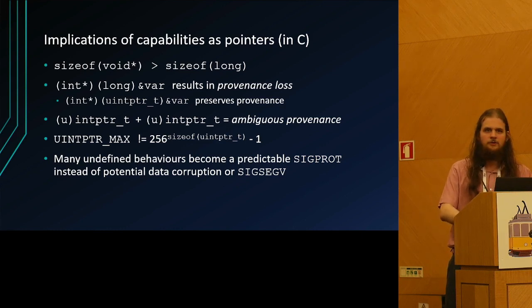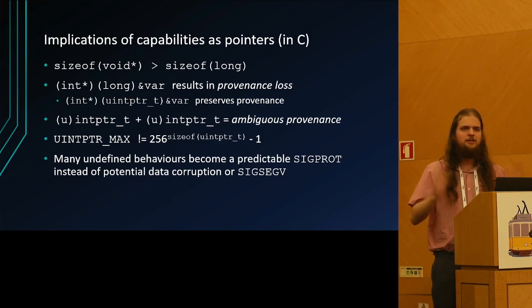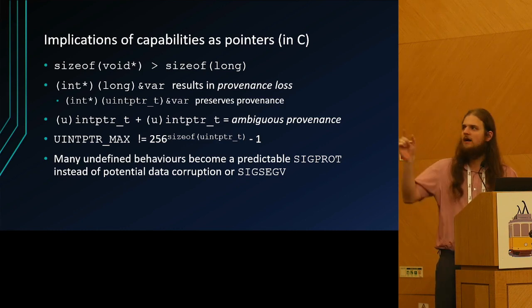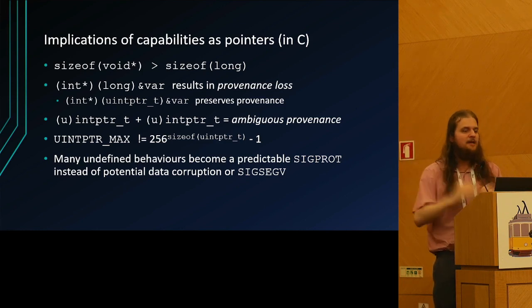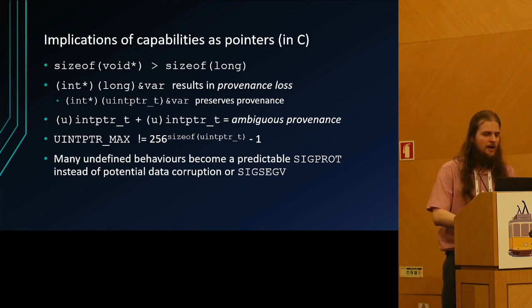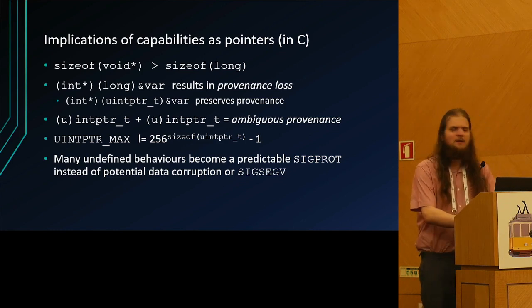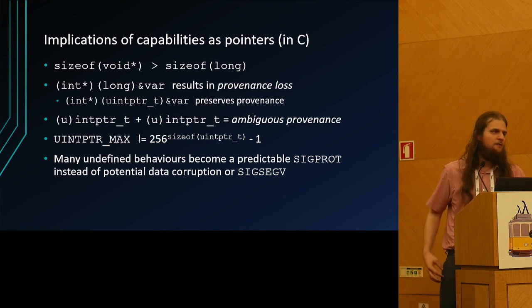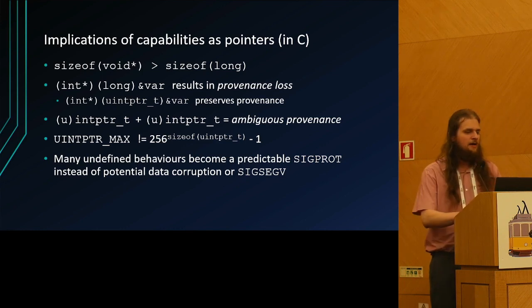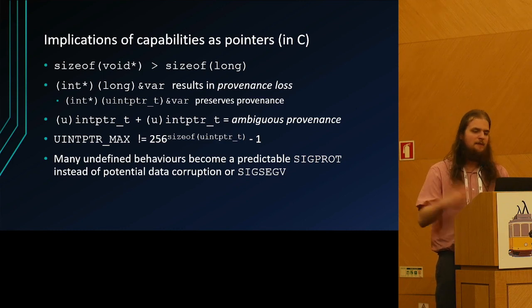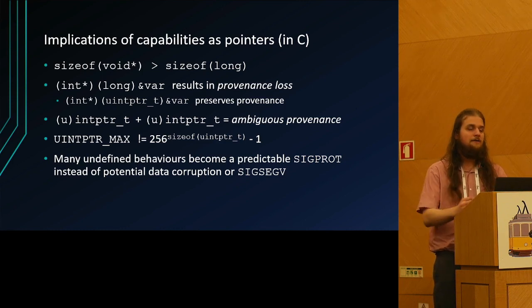We also don't have the same representable range that one would expect from the size of the uintptr_t. So the uintptr_t only has the same representable range of integers as a long, despite being twice as wide in memory. But on the plus side, there are a lot of behaviors in C that are undefined and can lead to either memory corruption or, if you're lucky, a seg fault.